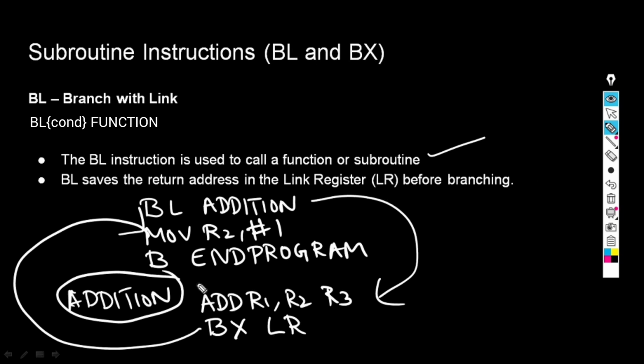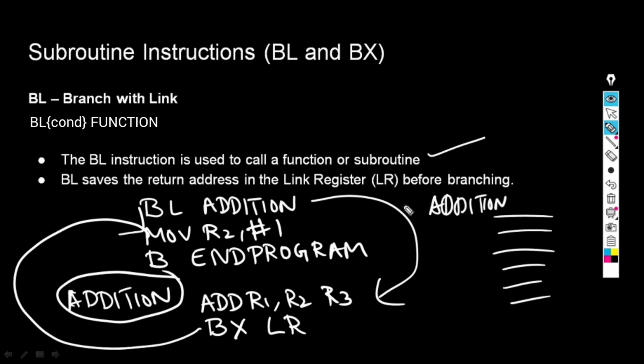So what is a subroutine? It is nothing but a sequence of instructions. It need not be a one-line instruction. There could be a set or a block of code here under addition, and you can have any label as such.